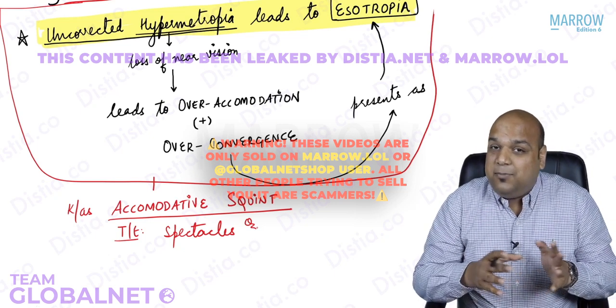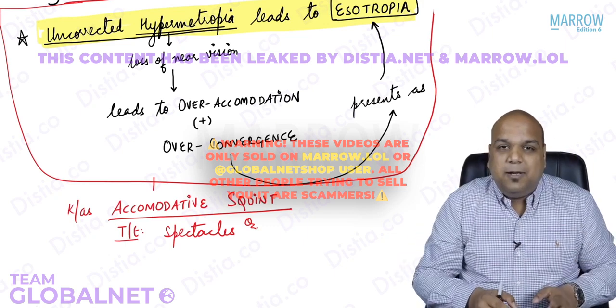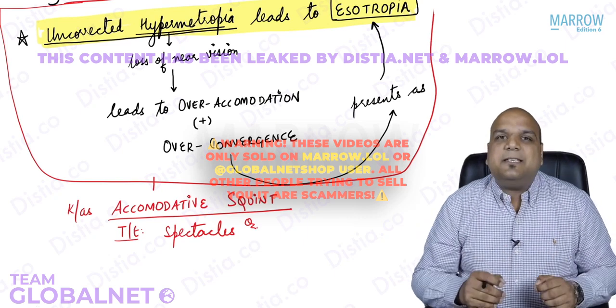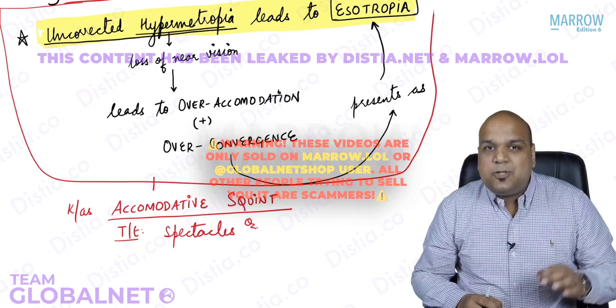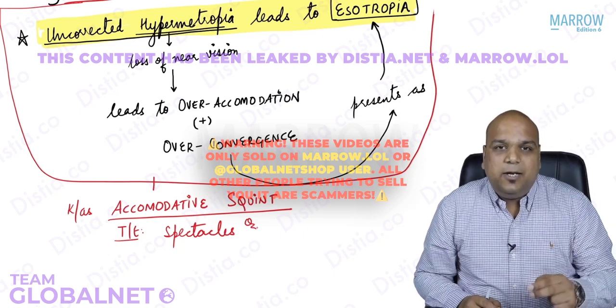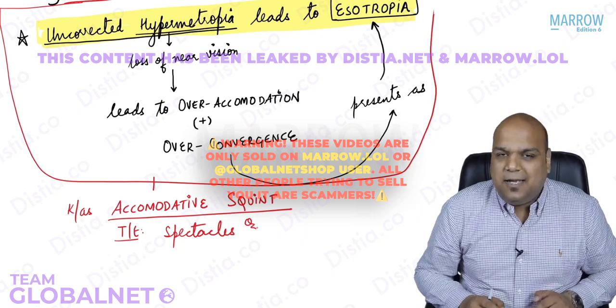The near reflex will become normal. No over accommodation, no over convergence. Both the eyeballs will become straight. Esotropia will be resolved. Right, guys? So very simple assessment of visual acuity leads to a resolution of esotropia, everybody. So that is why it is important as a secondary step to do in every case of squint that comes to us. Am I clear, everybody?